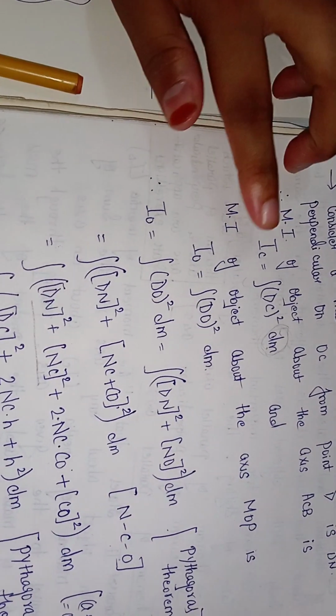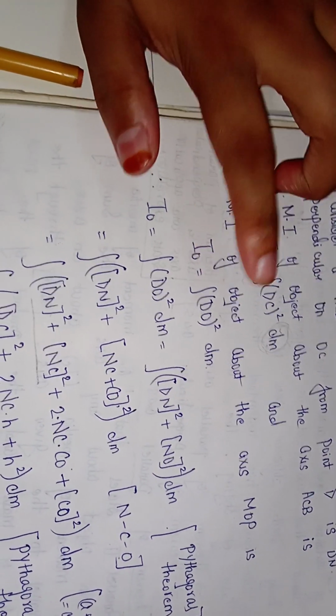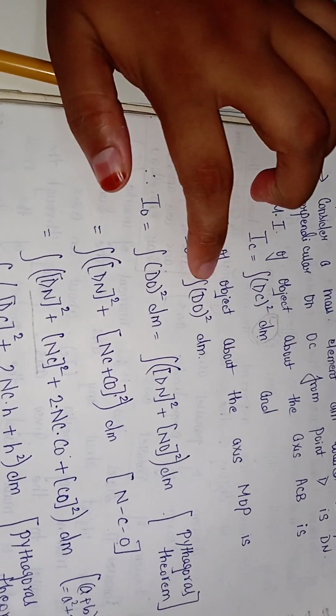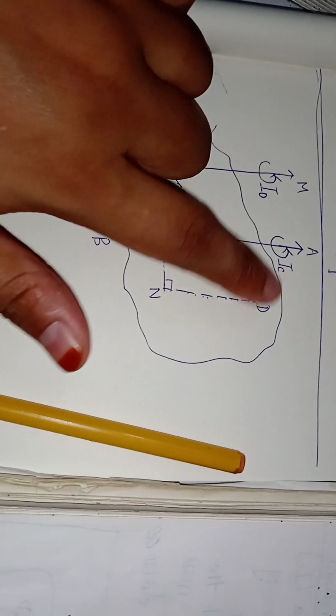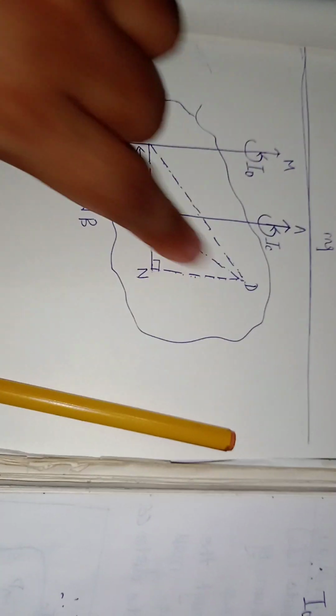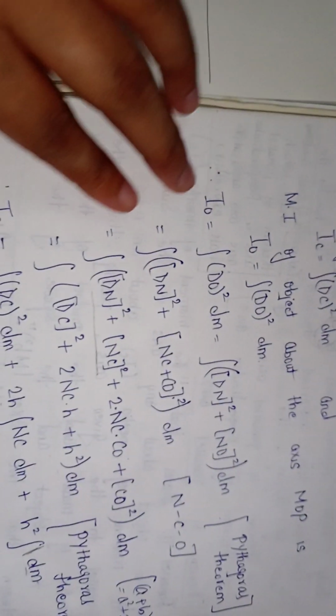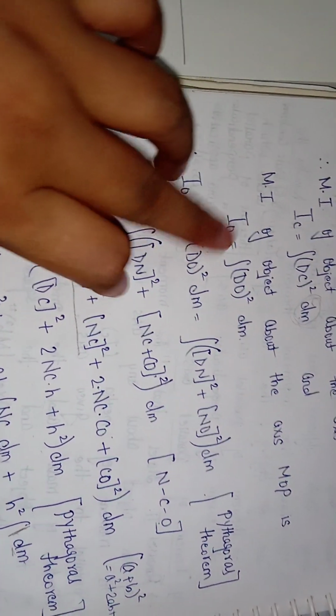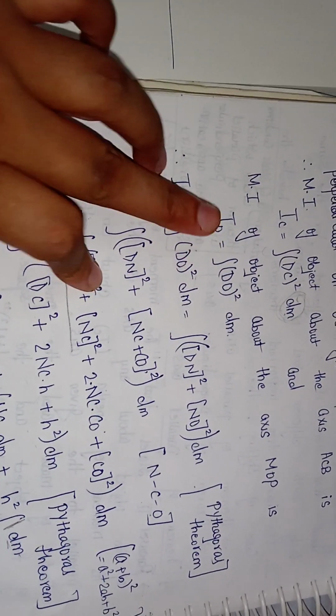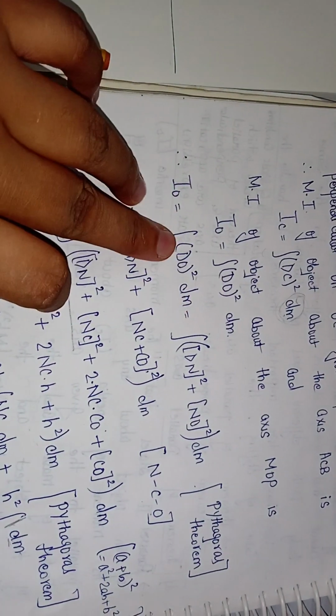So IC is equal to the integration of DC square dm, and IO is equal to the integration of DO square dm. Now we will consider IO first. IO is equal to the integration of DO square dm.